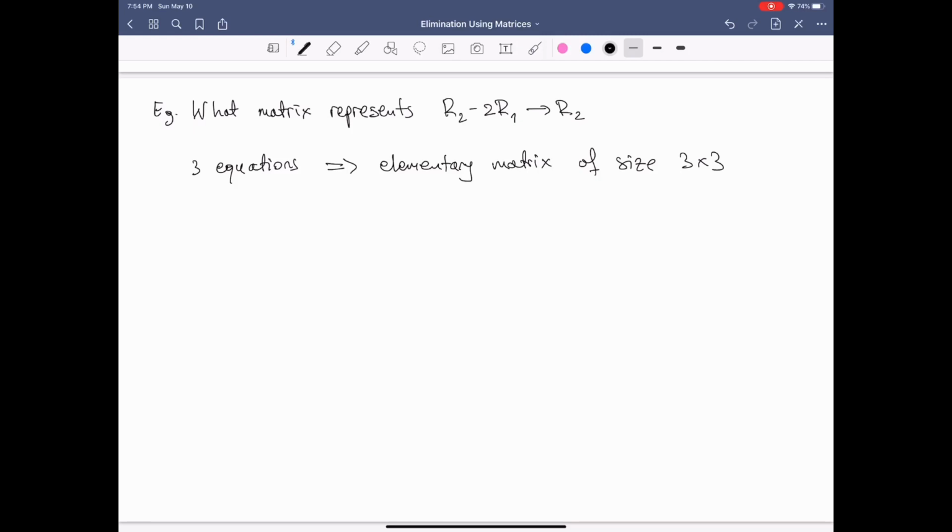What's the procedure? Apply the operation R2 minus 2R1 into R2. So apply this operation onto the identity matrix.